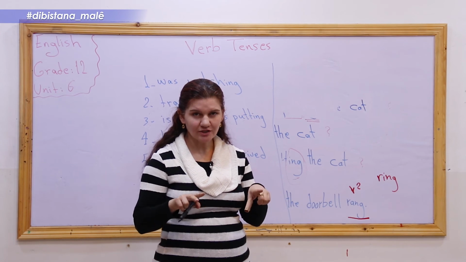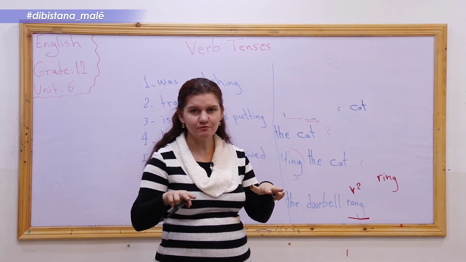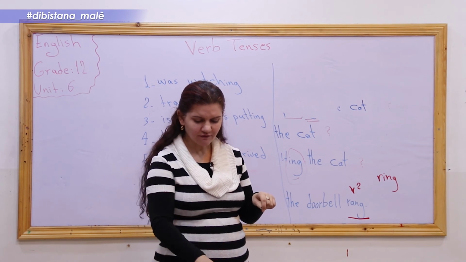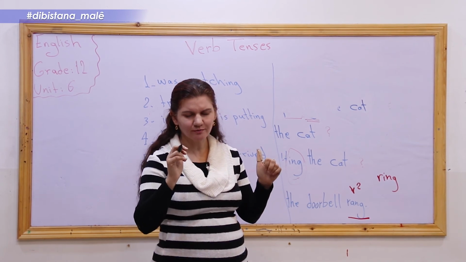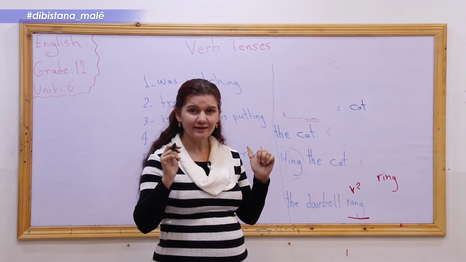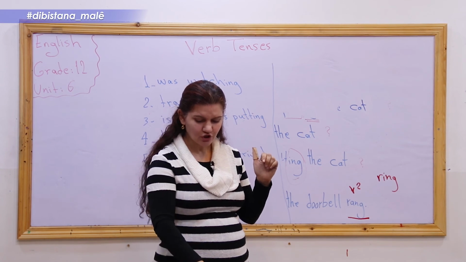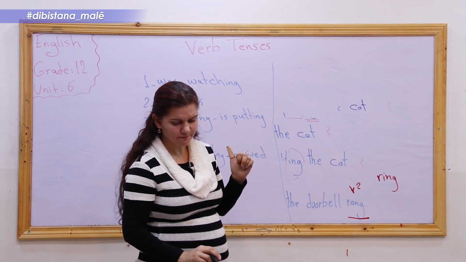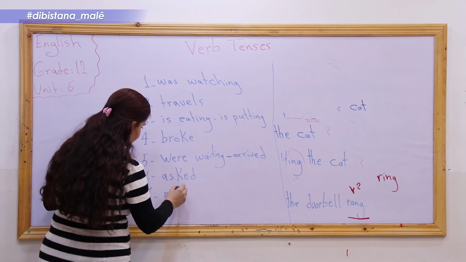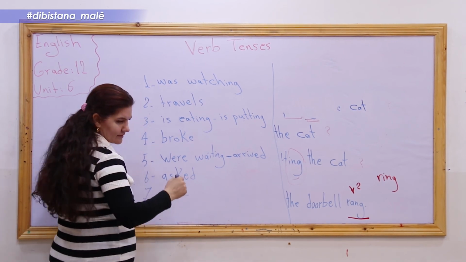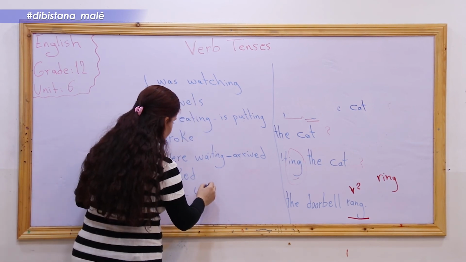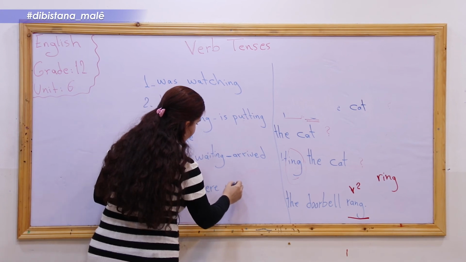We have 2 actions happening at the same time, so simple past and past continuous. The first one should be met, verb 2, and the second one should be were working.